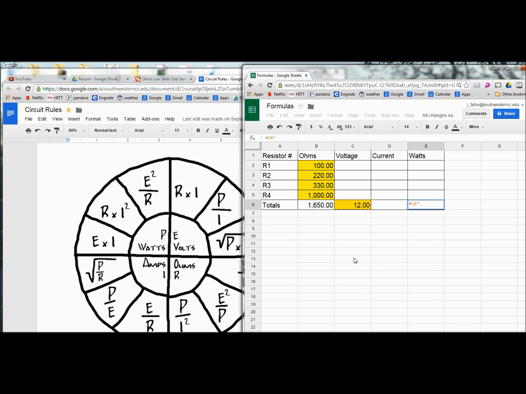Almost looks like a teepee. That means you are raising this to a certain exponent. And I'm squaring it, right? Raised to the second power. Then I want to divide that by the resistance, whatever's in this cell, B6.